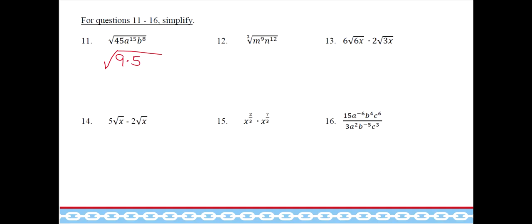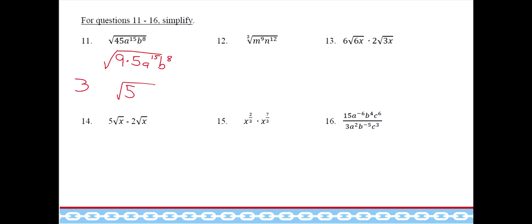It's the largest perfect square that is a factor of 45. So that'll help me simplify that part. The square root of 9 would be 3, so that's going to come out from underneath the radical. The square root of 5 is going to have to stay under the radical because it can't be simplified.